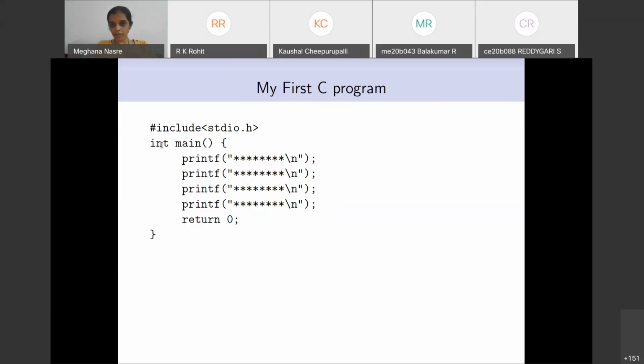This is also a keyword, which is int. So these things cannot be changed. Int main, these cannot be changed. These two parentheses which are there, the curly braces, tell what is the body of the main. So whatever is inside here is the body of the main program, and that is what is of interest to us.